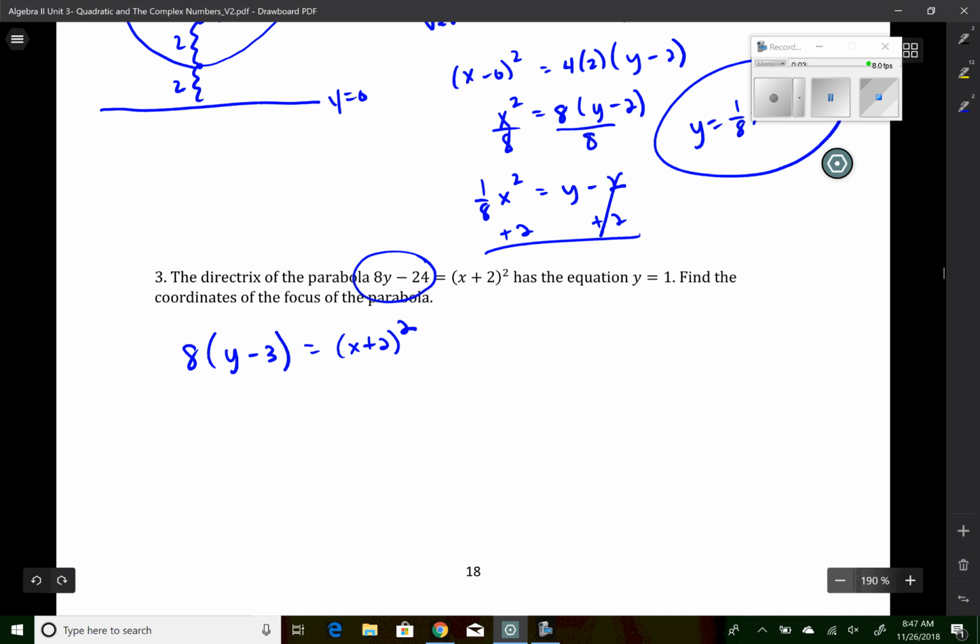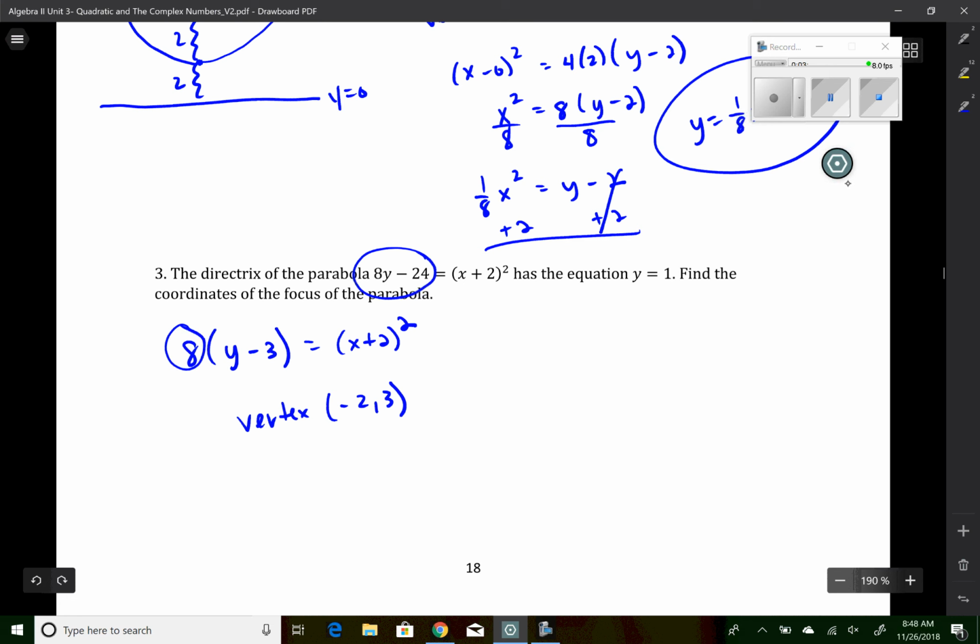By factoring out 8, I'm seeing that the vertex is going to be (-2, 3). I also know the p-value because this 8 is equal to 4p, so p must be 2. So if I sketch this graph, I have a vertex of (-2, 3), and I have y equals 1.